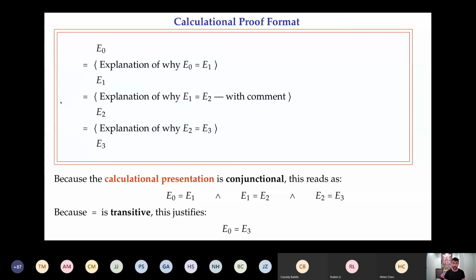As I mentioned earlier, transitivity is what lets us conclude that the top expression is equal to the bottom expression. You start at the top and you slide down to the bottom, and so they're equal. Transitivity is what justifies this sliding down.